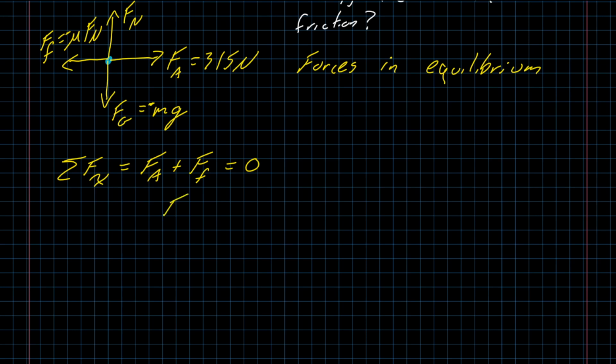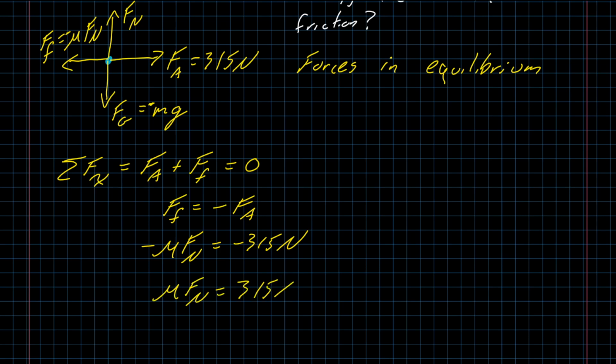So that gives us that the applied force, or let's put it the other way, the friction force is equal to the negative of the applied force. We can get rid of those negatives. And we have that the coefficient of friction times the normal force is equal to 315 newtons.